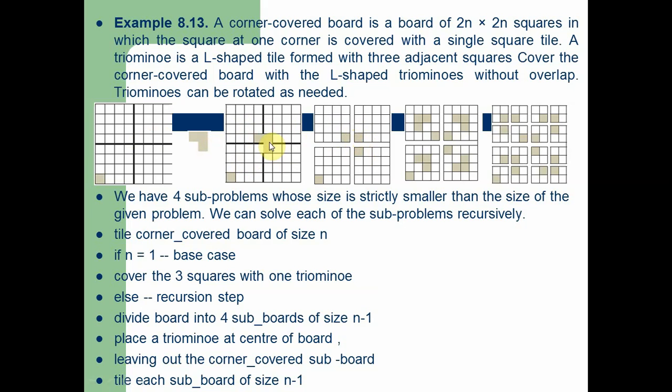Again we place a triomino in the center of each square board. Again we split the bigger square board into smaller square boards, and finally all the square board corners are covered. So this is how we solve covering the square board with a single corner tile. Here we can see the algorithm for covering the square board with triominoes.